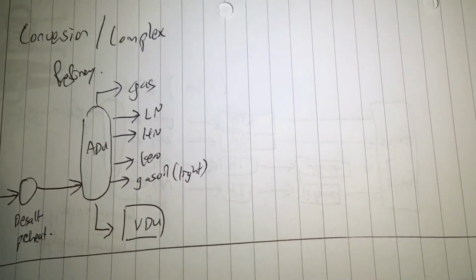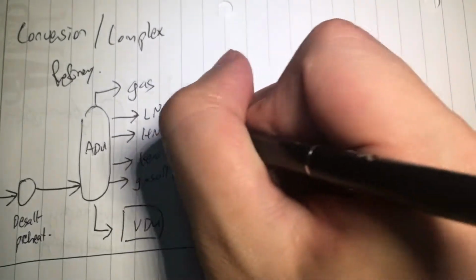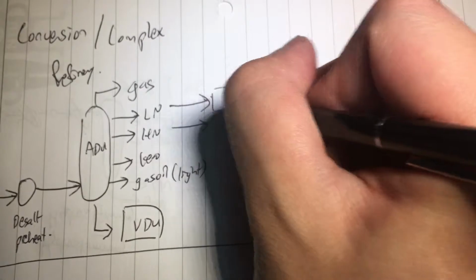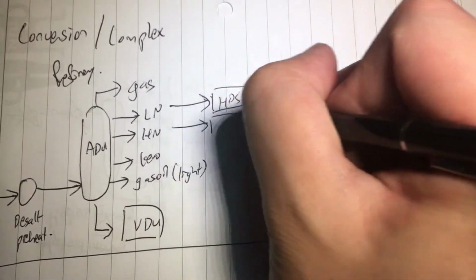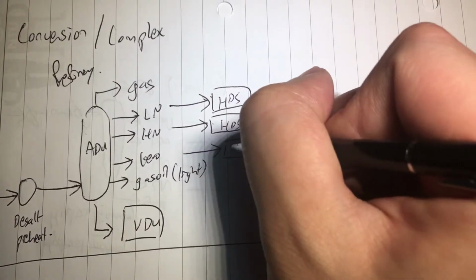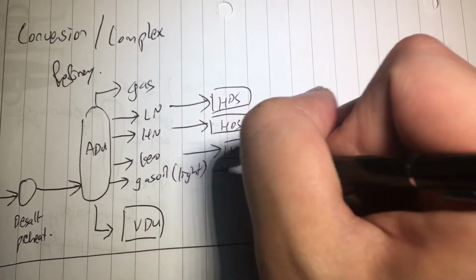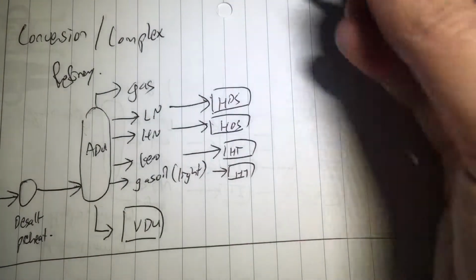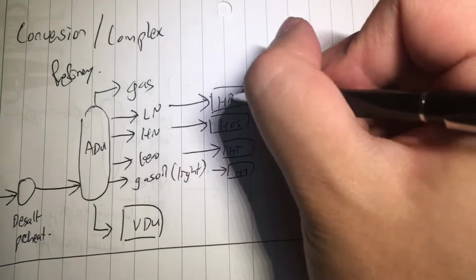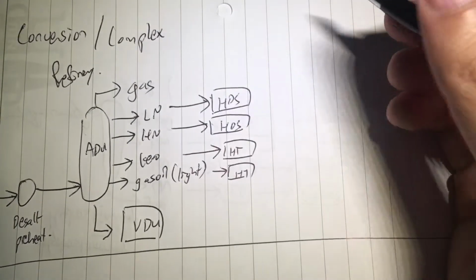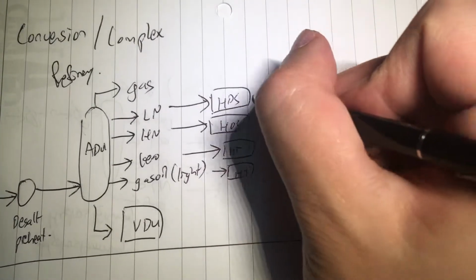So, same as before, your naphthas and your distillates really have no problem. You send them through their various hydrotreaters again. Okay, hydrotreat, hydrodesulfurize, you name it, it's more or less the same process, because sulfur is the one you want to get rid of.